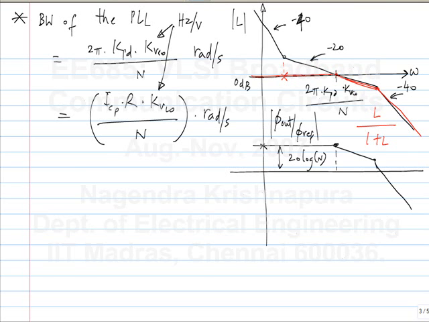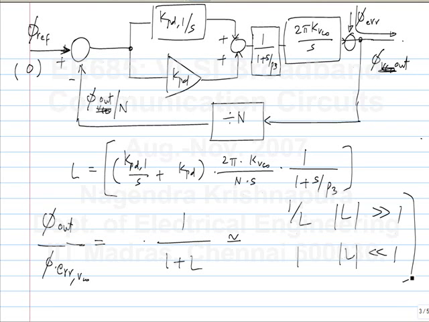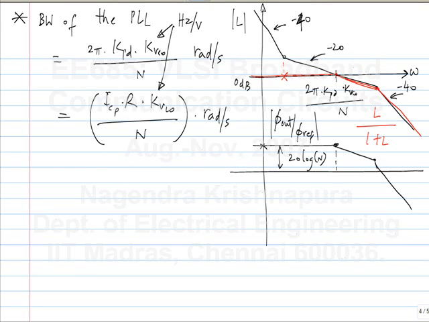So obviously you use this to do that. Whatever part is above 1, when L is much greater than 1, I said it's 1 by L. So I should make the mirror image of the parts that are above 1, and when it's below 1, I just draw 1. Okay.